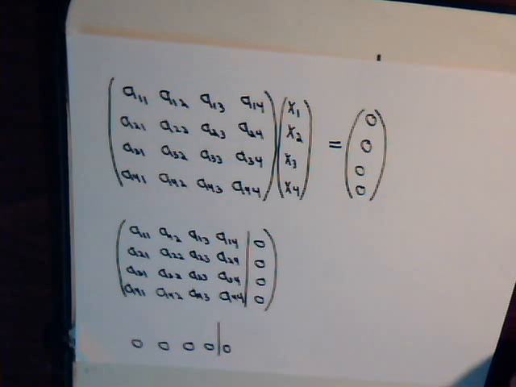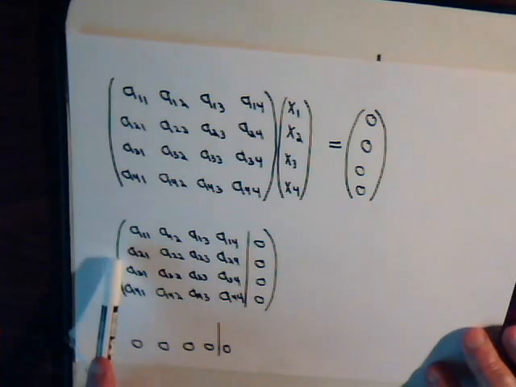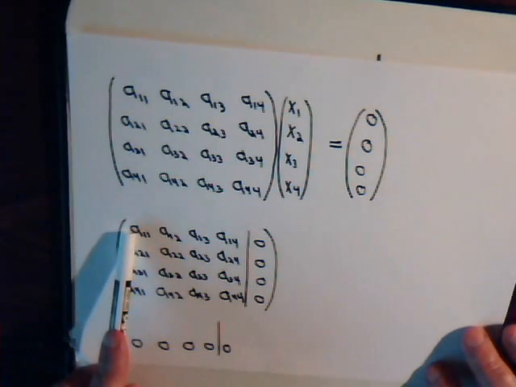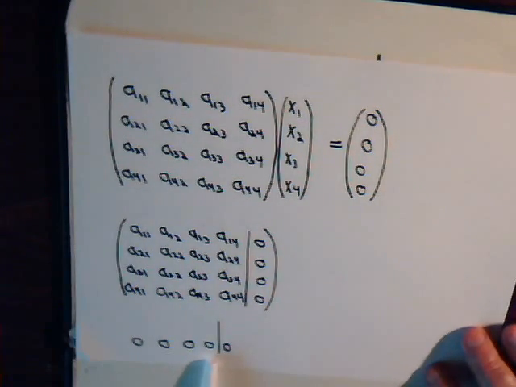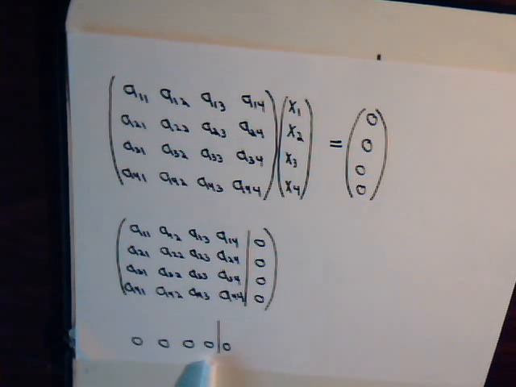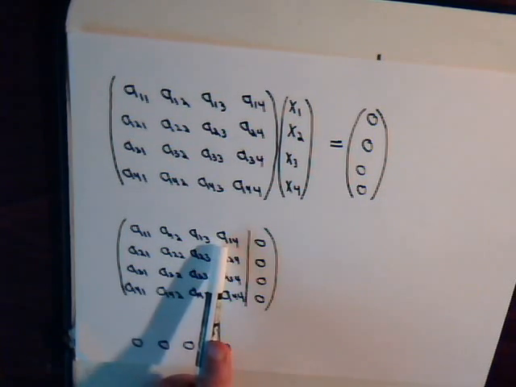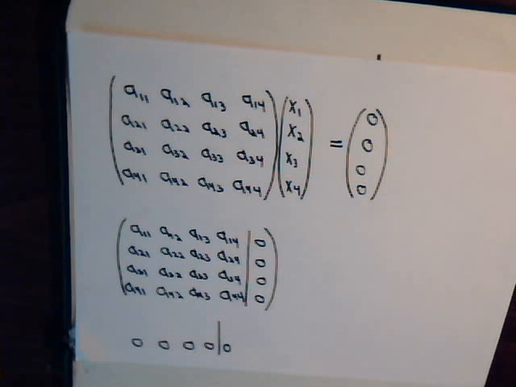So that means that here then we're going to have a free variable because we have 1, 2, 3 lead variables, and from here we're going to have a free variable. In this case it's going to be the fourth element, the fourth number here. That means we're going to have an infinite number of solutions.